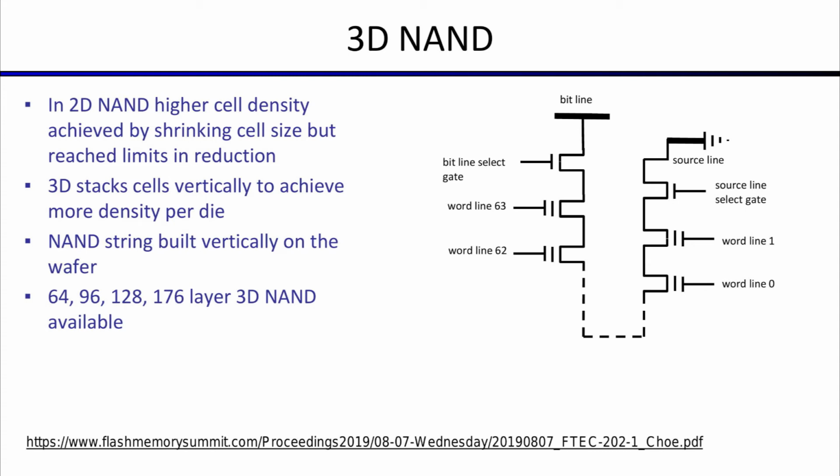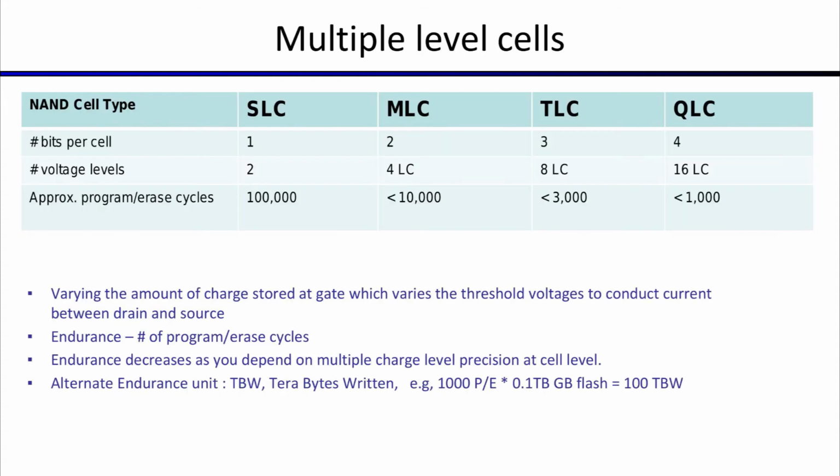The other way that cells have been made more dense is by having the ability to put more bits per cell. The original cells were single level cells. They had the ability to produce 1 bit per cell, which means you just had 2 voltage levels, 0 or 1.